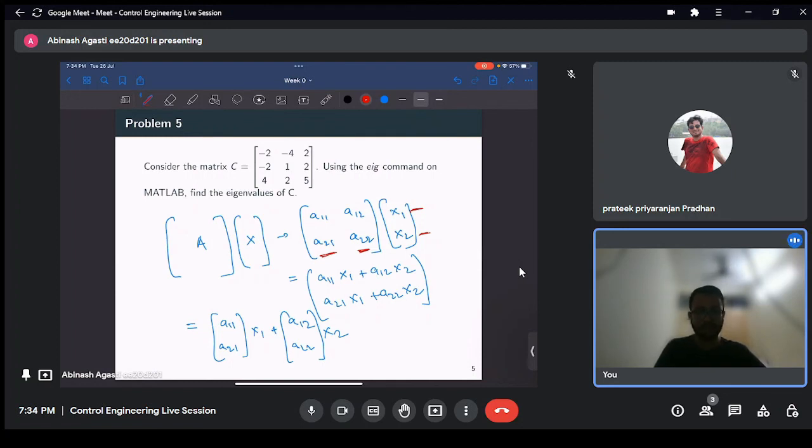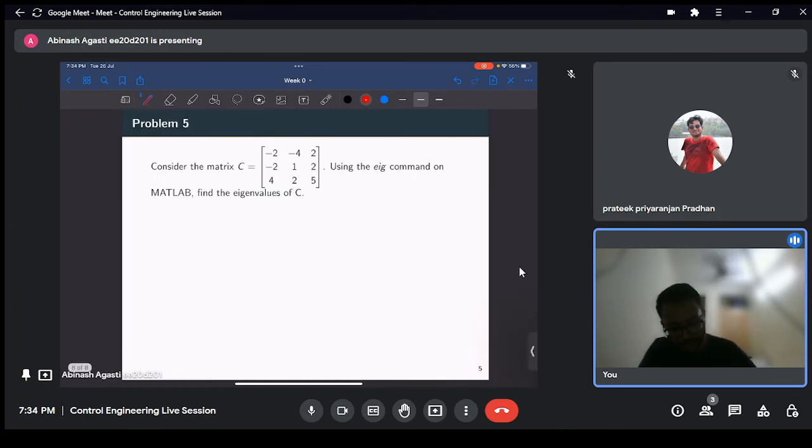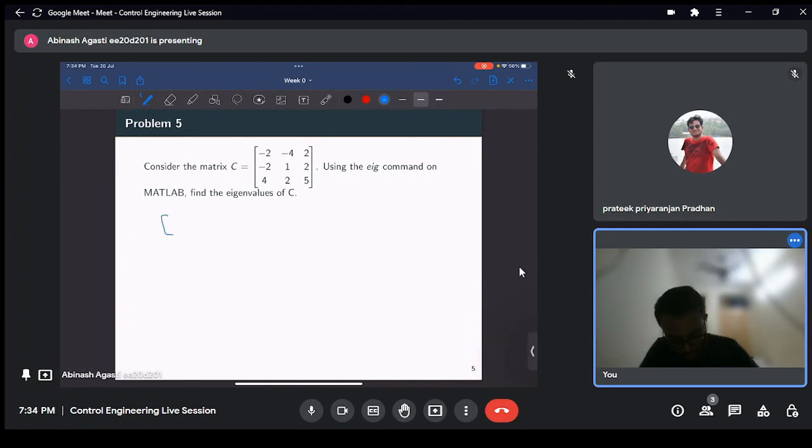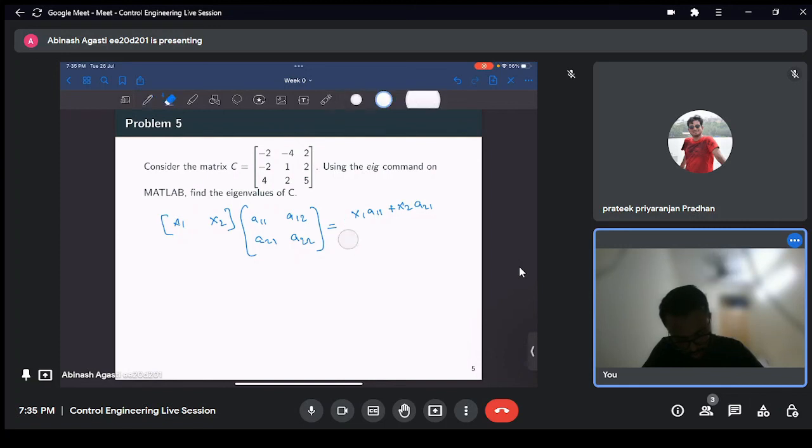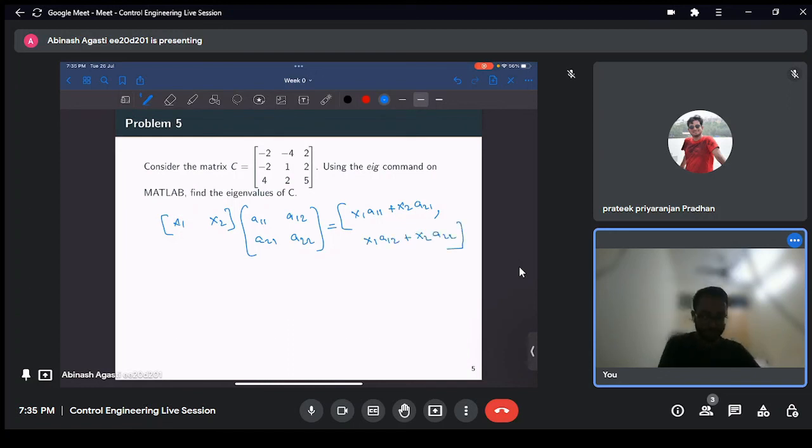So this can be a useful way of visualizing a matrix multiplied by a vector, and similarly we can consider a row multiplied by a matrix. So suppose I have x1, x2 and a11, a12, a21, a22. It will be, now this can again be decomposed.